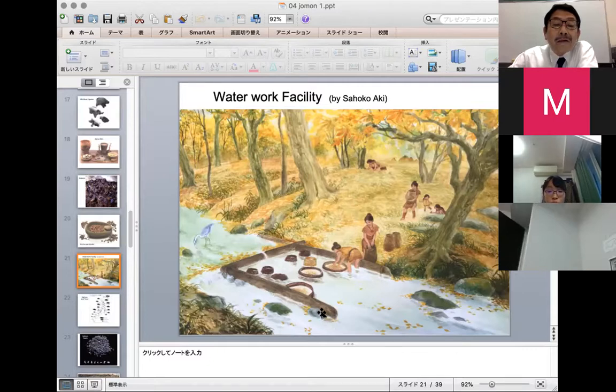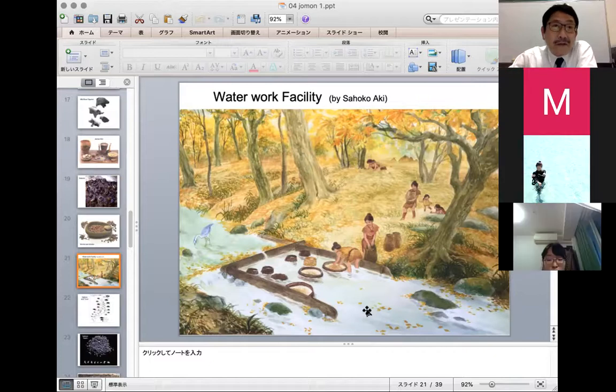And she's working with baskets filled with nuts and stuff, soaking with the water, fresh water. This is one of the devices for removing harshness of certain types of nuts. And they're finding this kind of facilities actually in certain waterlogged sites, even in Tokyo.